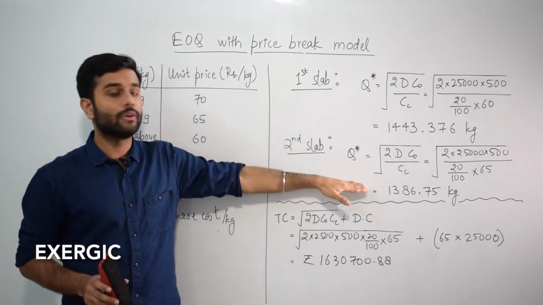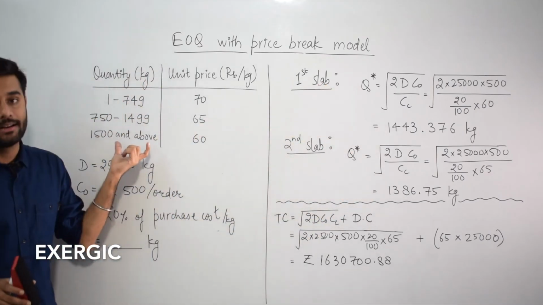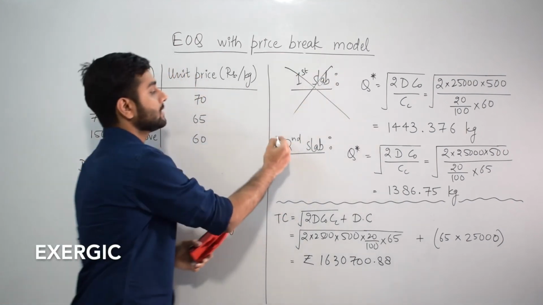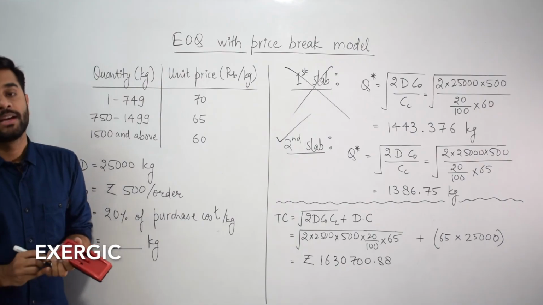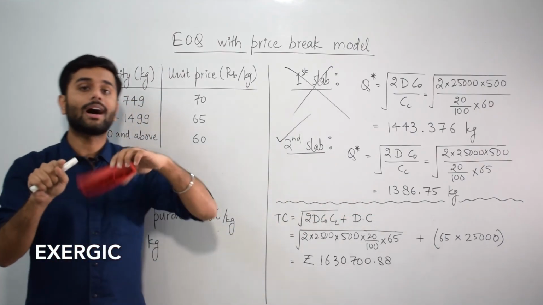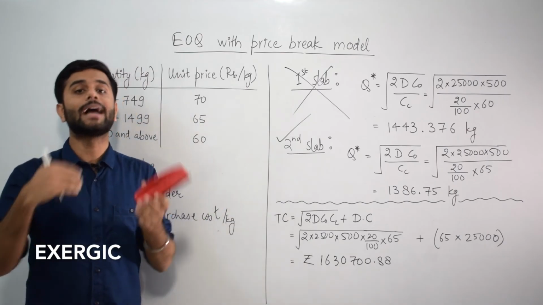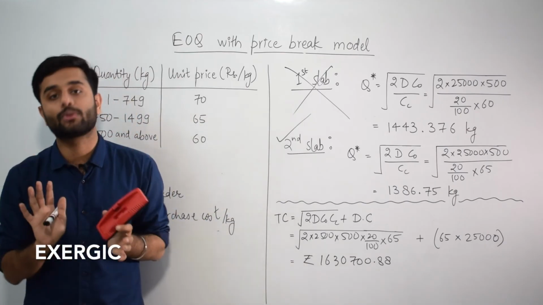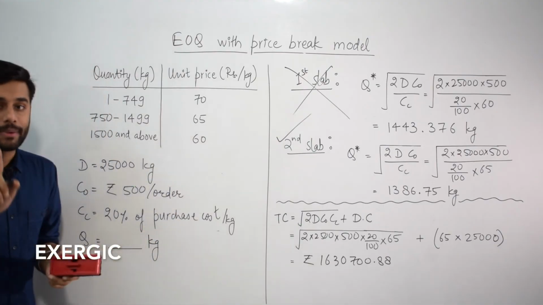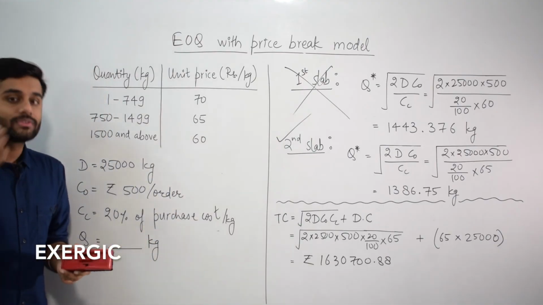These are the two EOQ values. This one got rejected because it is not in the range. This is the infeasible EOQ. This is the feasible EOQ. Now, for this EOQ, you have to calculate the total cost, and for other breakpoints which are higher than that EOQ, you need to calculate that point. How many price slabs do you have above that EOQ?